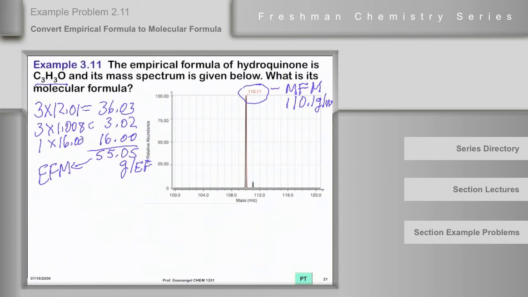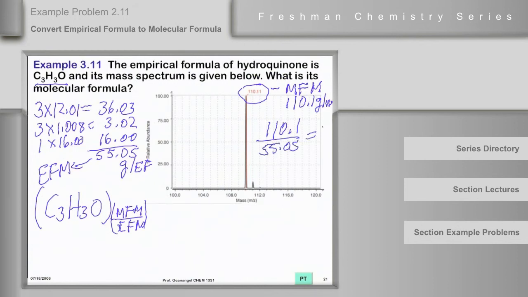Okay, then to use it, all we're going to do is take C3H3O, and we're going to take the molecular formula mass, divide it by the empirical formula mass, and you'll see 110.1 divided by 55.05 is 2.